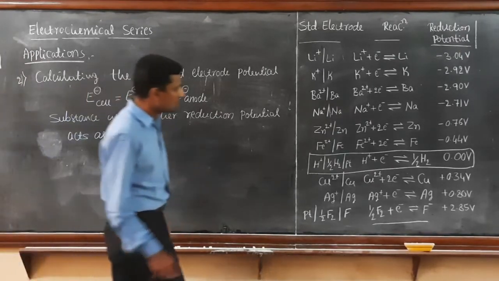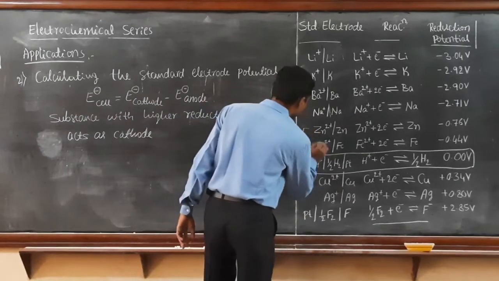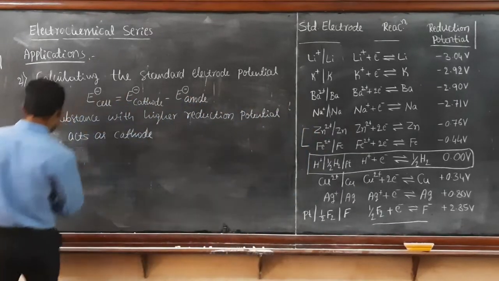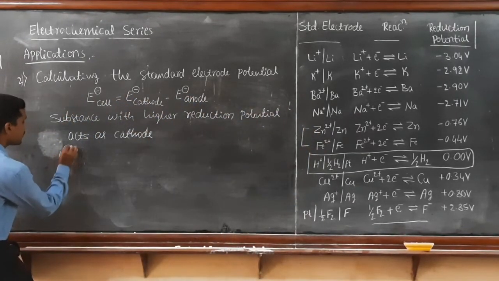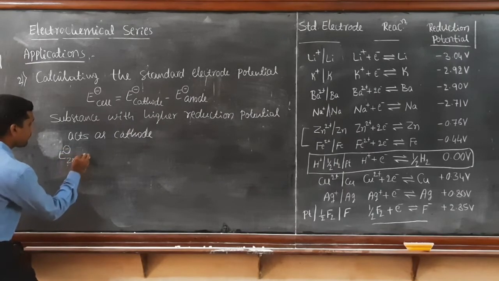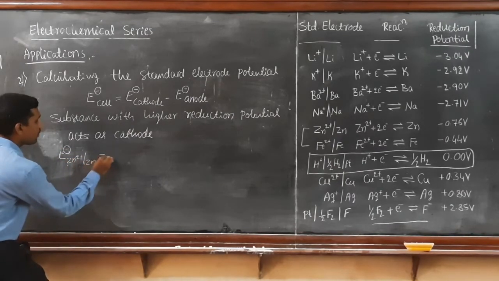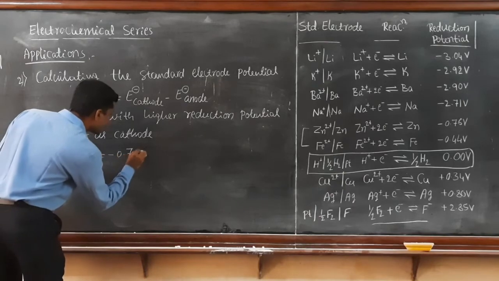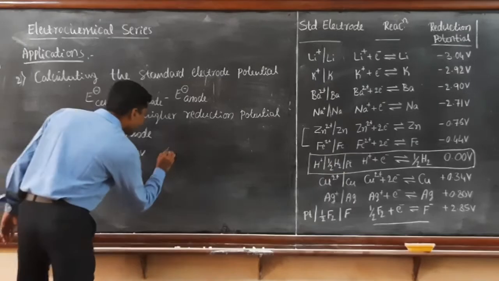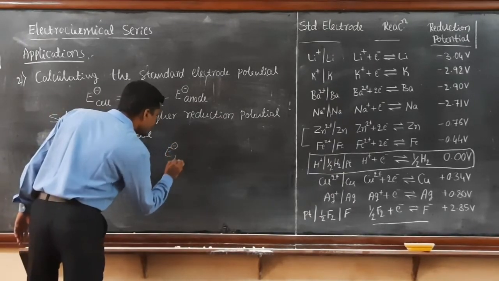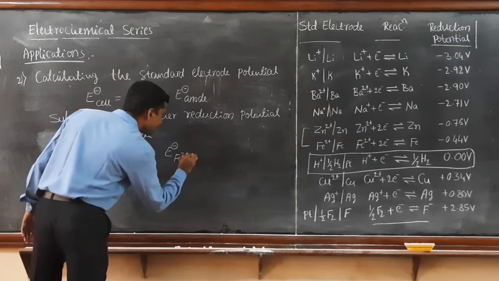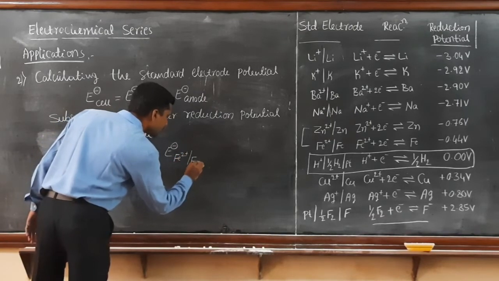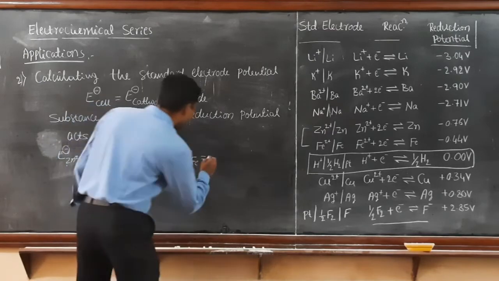For example, if you consider zinc as well as Fe. So the EMF of zinc is how much? EMF of zinc is minus 0.764 volt in this case, right? And the EMF of Fe is how much? That is minus 0.44 volt.